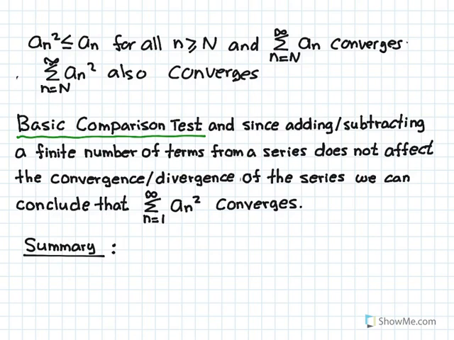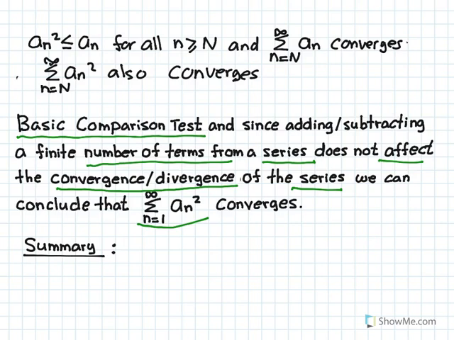And since adding or subtracting a finite number of terms from a series does not affect the convergence or divergence of the series, we can conclude that the summation from n equals 1 to infinity of a_n squared also converges.